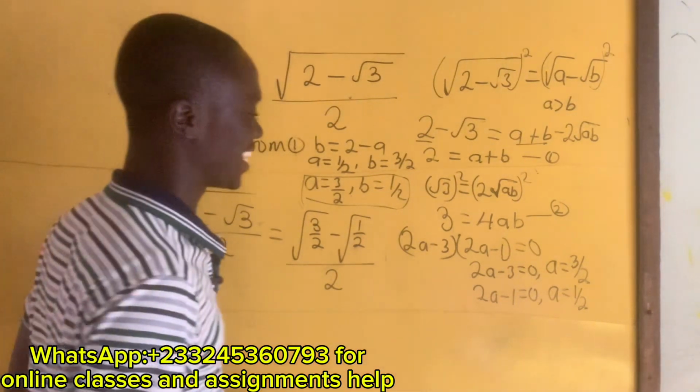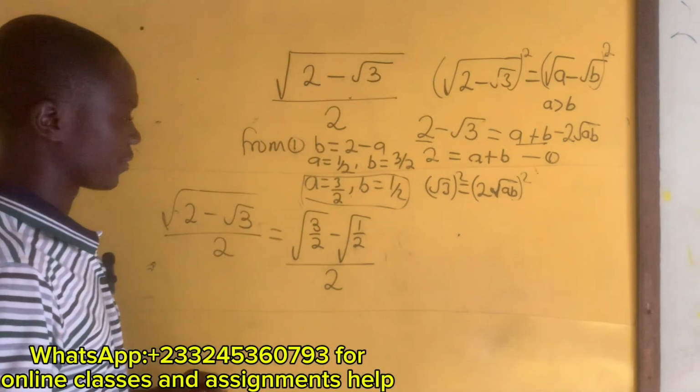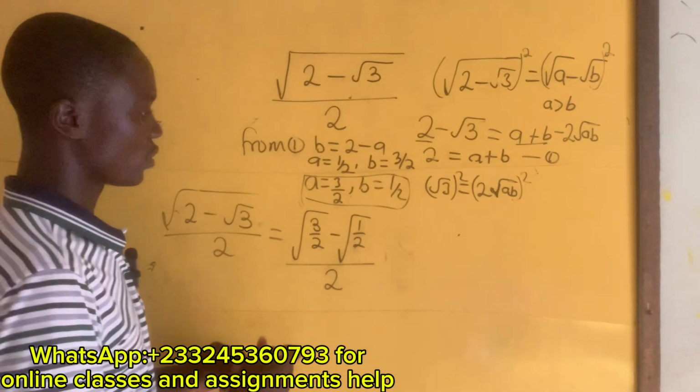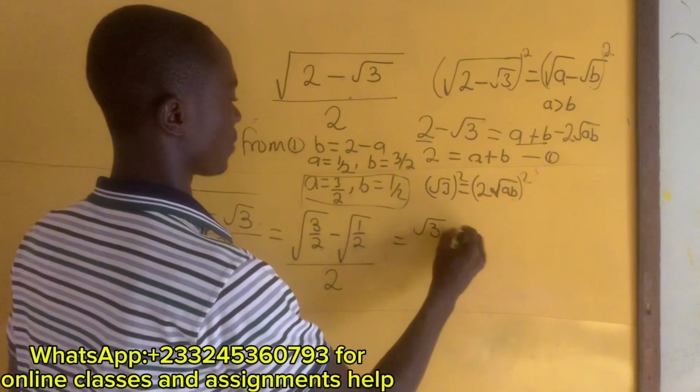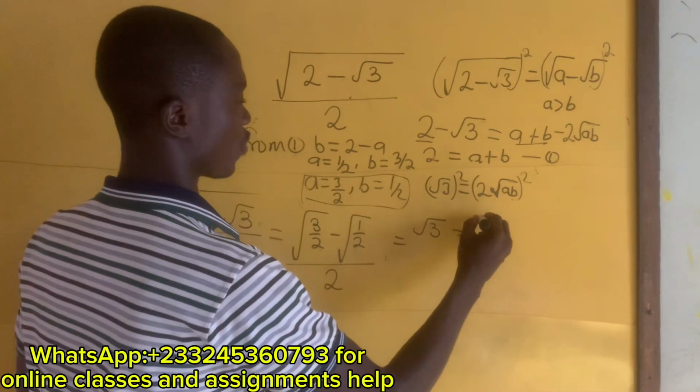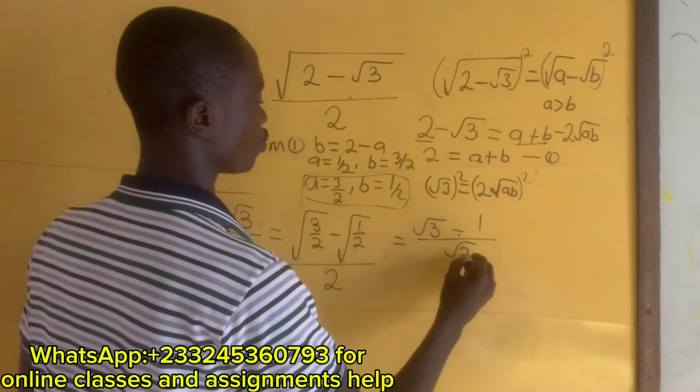In a very simple way, right? Let's see. So, how do we do this one? So, this is simply the square root of 3 minus square root of 1 is 1. Wow. All divided by square root of 2.